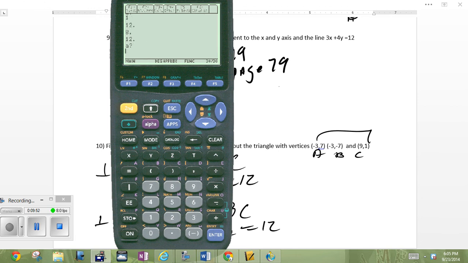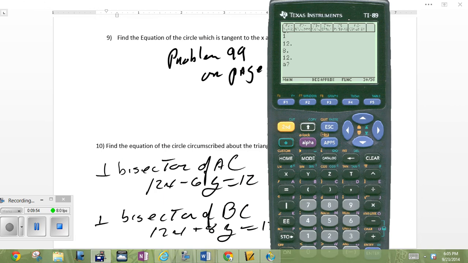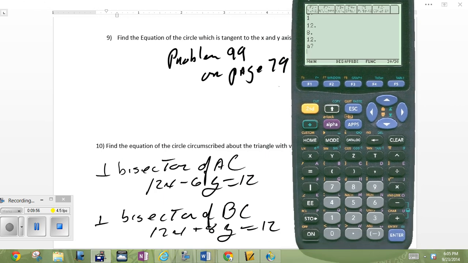Okay, and it wants these A, B, and C values, so they will be 12, -6, 12, along with 12, 8, and 12. And it will tell me that 1, 0 is the point of intersection.